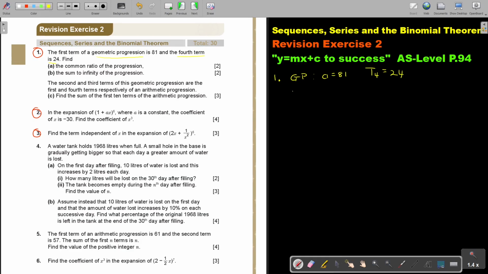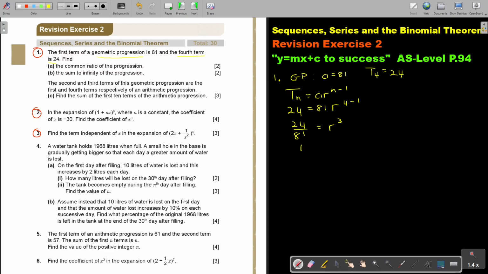Okay, so I know that Tn for a GP is A r to the power n minus 1. So for the fourth term, 24, the value of A is 81, and then it's r, and it's 4 minus 1. Then it's 24 over 81, and that's r to the power 3. First, simplify that.